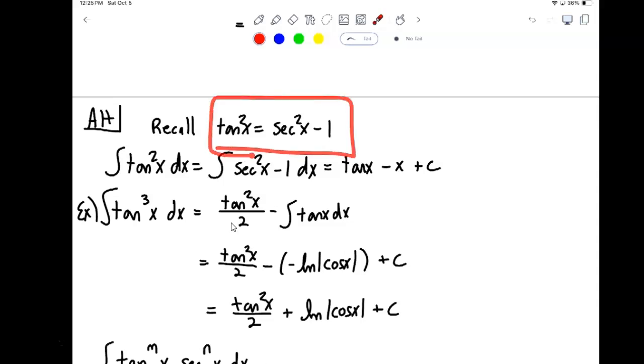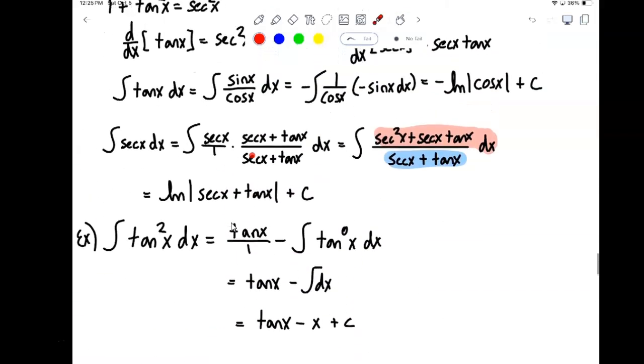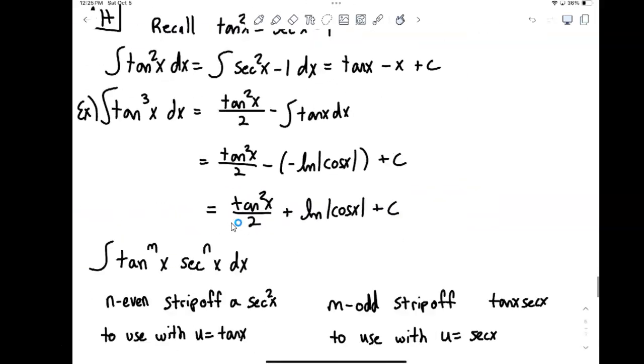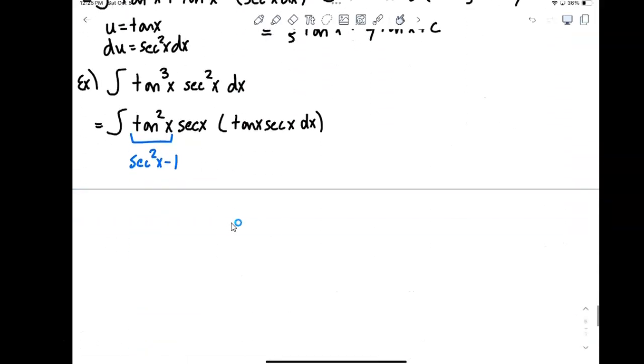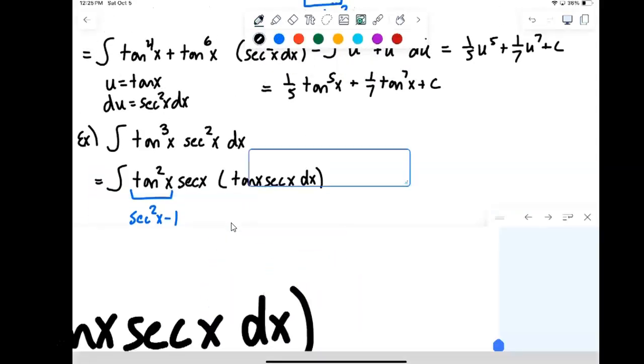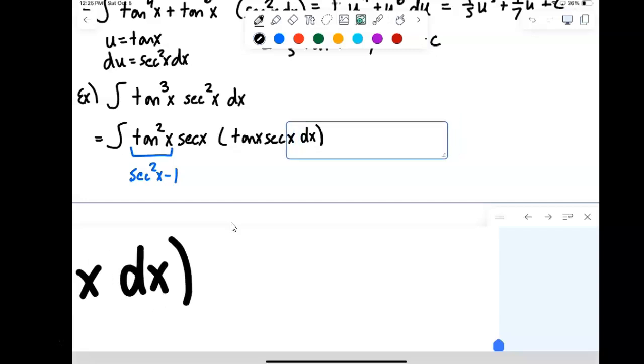So tangent squared is equal to secant squared minus 1. Or the alternative version of it, 1 plus tangent squared equals secant squared. Okay. So that's what we're making use of here. That allows me to turn the tangent squared that's left over into a secant, so that everything that's left now has a secant on the inside.